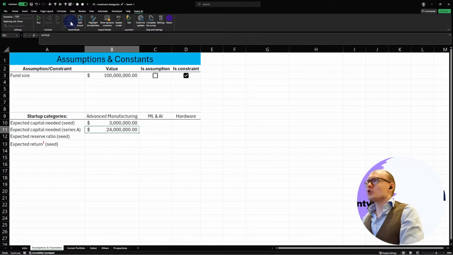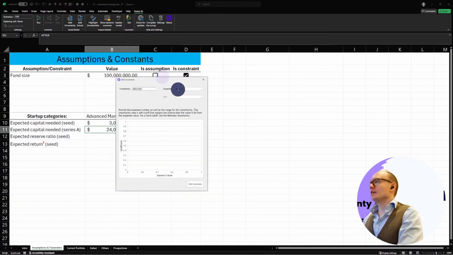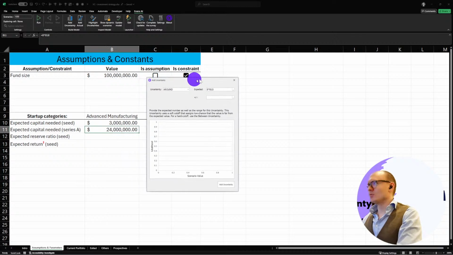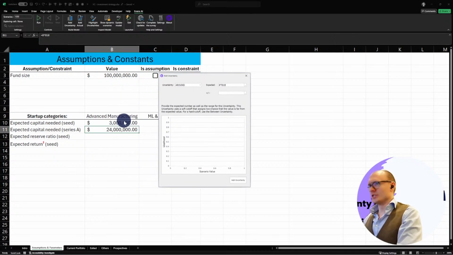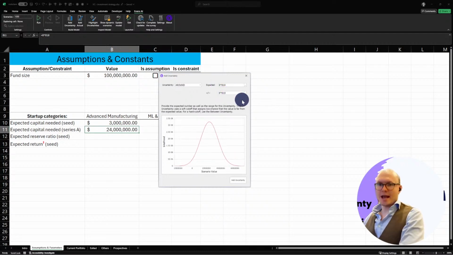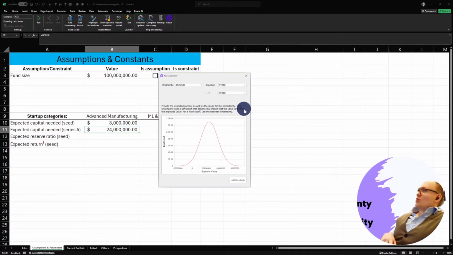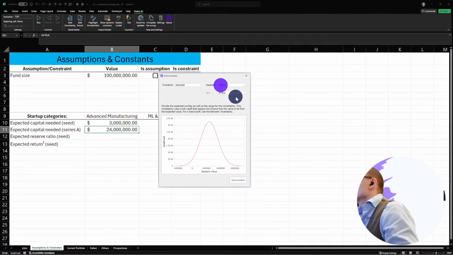So just similar to before, we'll add the uncertainty. We already have the 8 multiplied by the reference point, which is the expected capital needed. Now, what we're going to write here is that instead of 8, it should be a bit less.